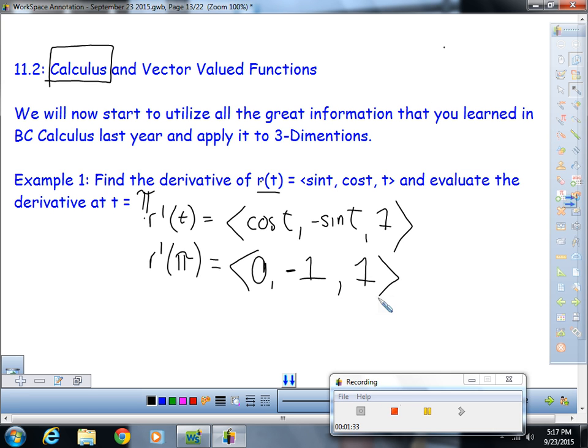Okay, so that tells us, if you can imagine our little half helix climbing around that cylinder, that at some point, pi, our space curve is not changing at all in the x direction.